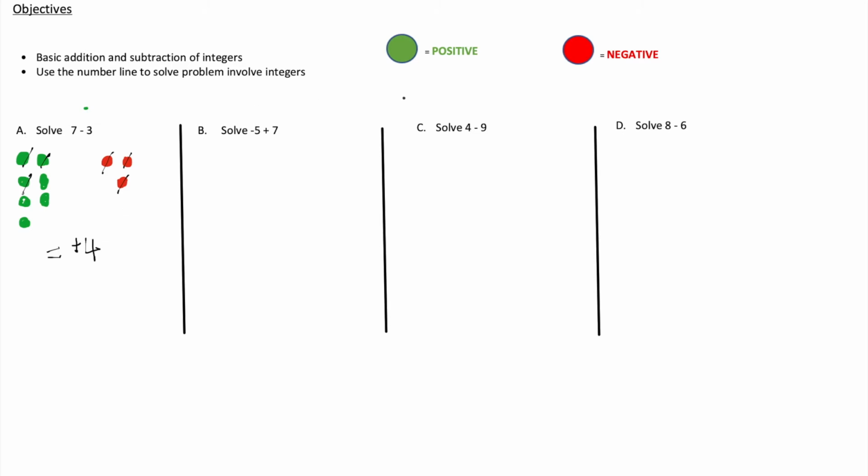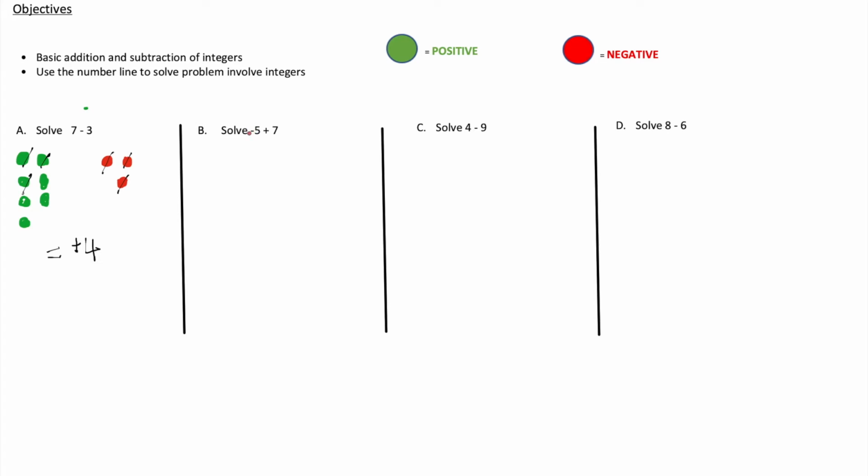We move on to the second example and we're going to follow the same procedure. The first number starts with a negative number, so it is -5. Always remember that the sign belongs to the number to the right. So we have positive here, it belongs to the number to the right, so this is +7.